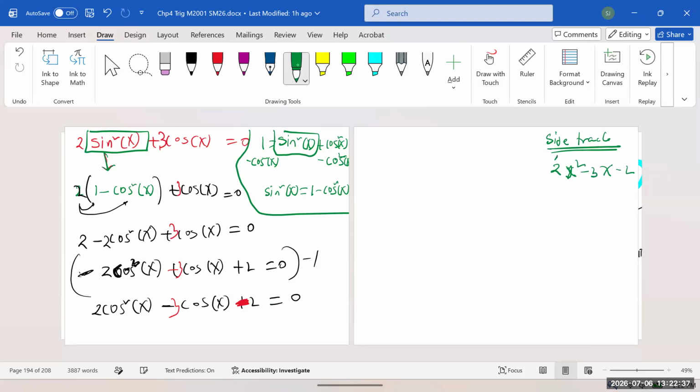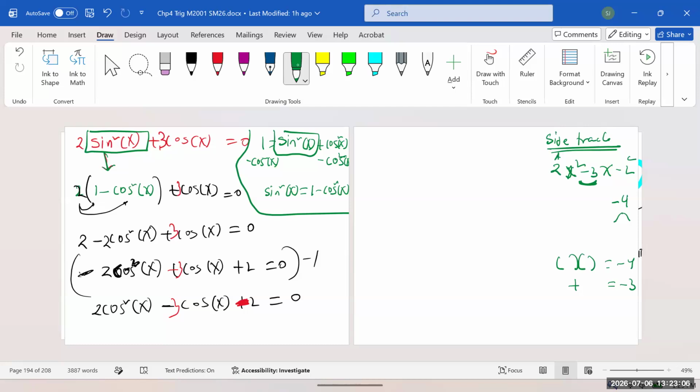The AC method says multiply a with the c, meaning the coefficient of the highest degree with the constant. So we get 2 times 2, 4. Split that into 2 pieces, so when you combine, the result will be the middle one. So which two numbers, when you multiply, you get -4, and when you add, the result will be -3?